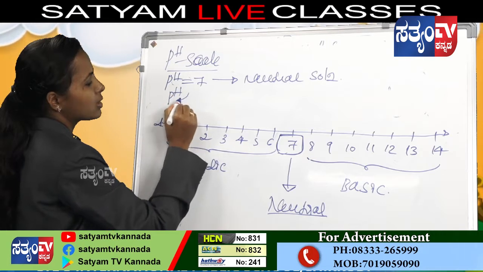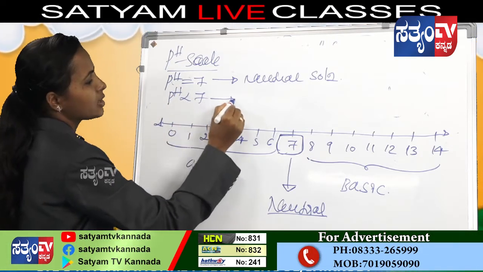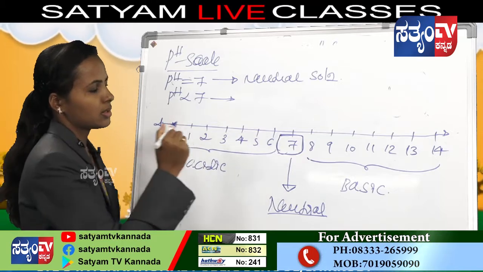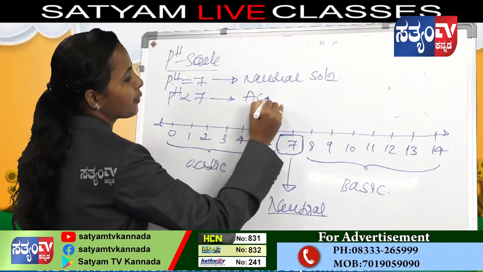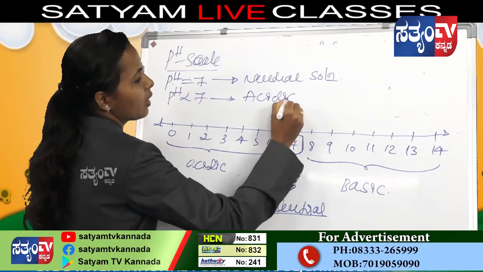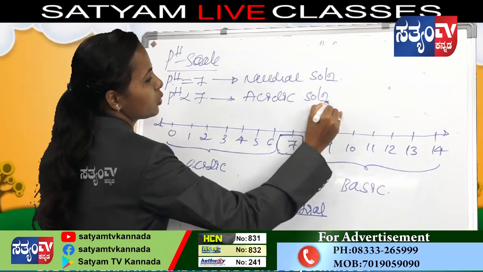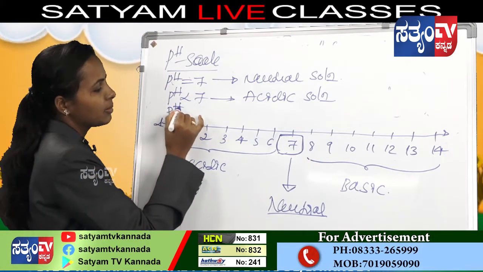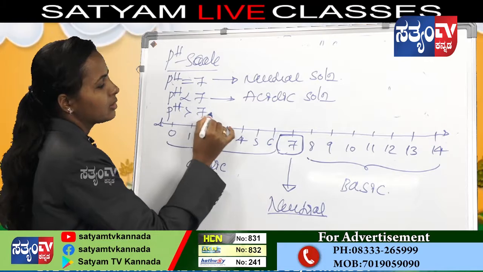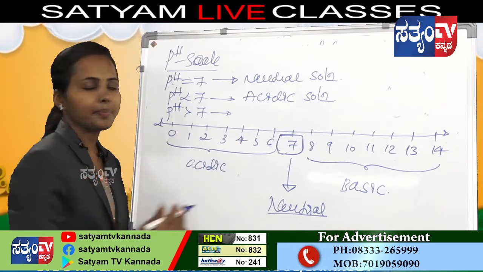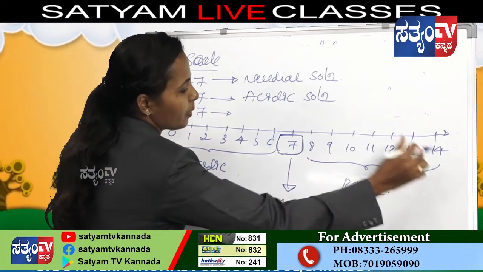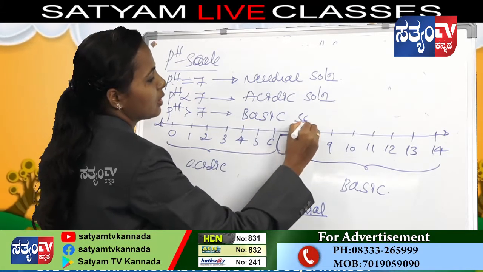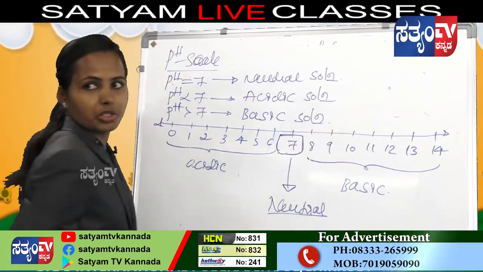If the pH is less than 7, meaning 0 to 6, then we call it an acidic solution. And third, if the pH is greater than 7, meaning 8 to 14, then we call it a basic solution.